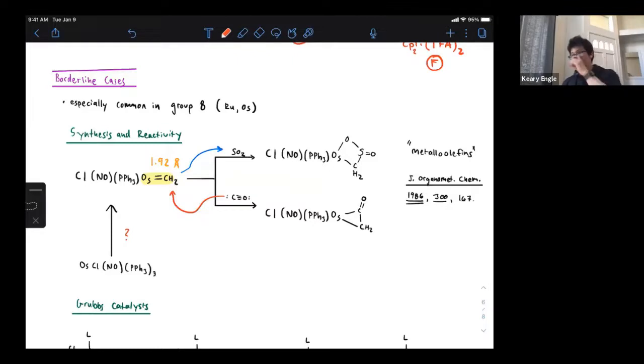As I mentioned in the last class, these two extreme representations, Fischer-type carbene and Schrock-type carbene, are important for bookkeeping, and because they have predictive value in terms of reactivity trends, but there's a lot of interesting, important chemistry in the middle. And so there are these so-called borderline carbene cases that I think sometimes get glossed over, but in the last 20 years have become of fundamental importance to organometallic and organic chemistry.